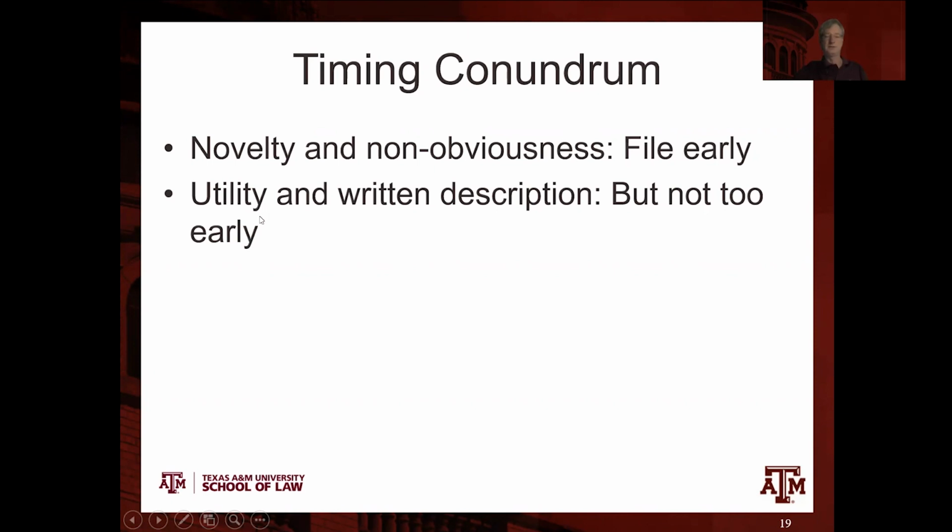But this utility requirement, and as we'll see, the written description requirement in the third lecture for this week, say you can't file too early, right, before you really can show that your patent works. Okay, so utility is the first of our requirements that we're going to look at this week. Next up, enablement, which is probably the easiest to understand. Got to give an enabling disclosure, but we'll take that up in the next lecture.